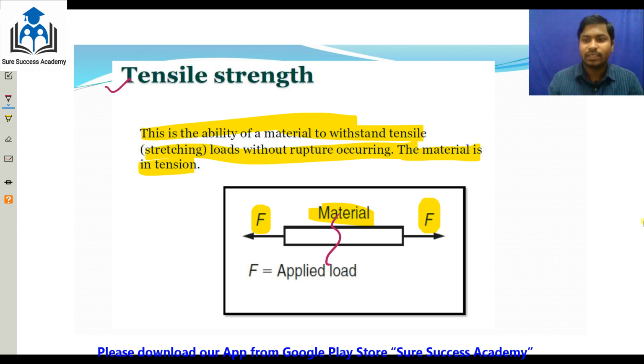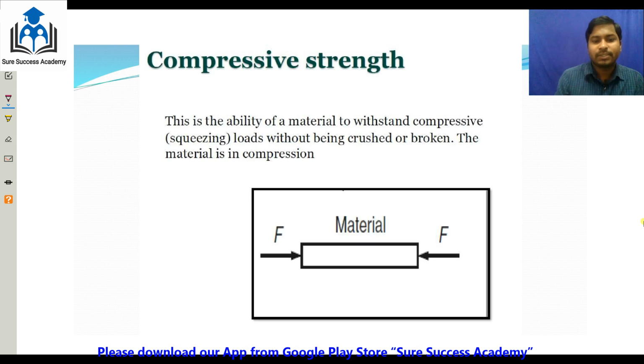Then that is called tensile strength. Compressive strength: if you apply forces of compressive nature, it is the ability of the material to withstand the compressive or squeezing load without being crushed, broken, or failing. The material is in compression. This is called compressive strength.